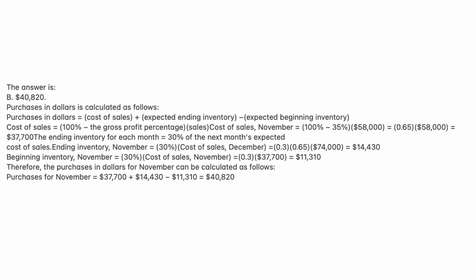The answer is B, $40,820. Purchases in dollars equals cost of sales plus expected ending inventory minus expected beginning inventory. Cost of sales equals 100% minus the gross profit percentage. Cost of sales, November equals 100% minus 35%, times $58,000, equals 0.65 × $58,000 equals $37,700.